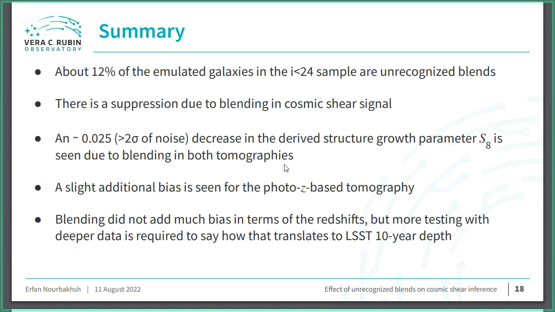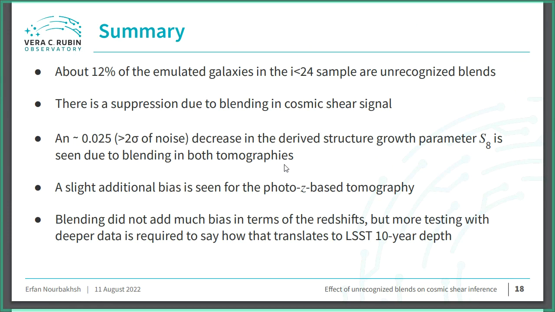So just overall, about 12% of the emulated galaxies in my sample were unrecognized blends, and this is probably going to get worse for the LSST gold sample. And there is a suppression due to blending in the cosmic shear signal.